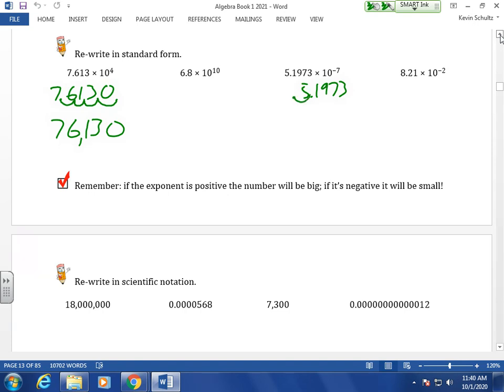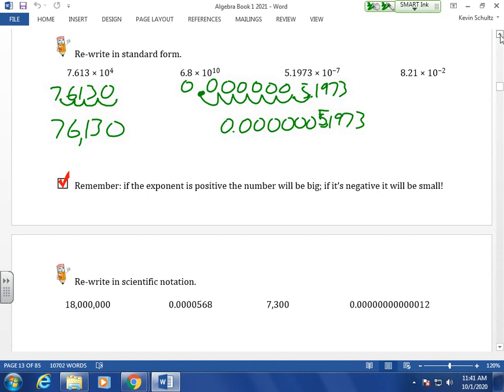So 1, and then 1, 2, 3, 4, 5, 6 more. Our decimal is now there. All those jumps get filled in with zeros. And then since it's a decimal, we have 0 holes out in front as well. So 0.00000051973. Okay.